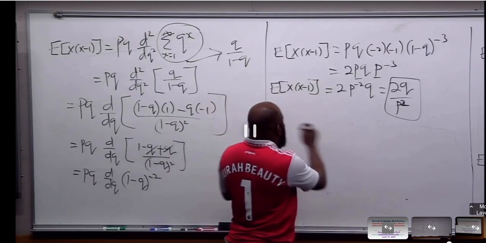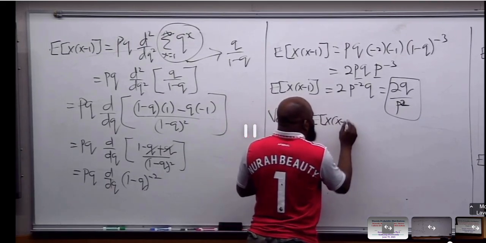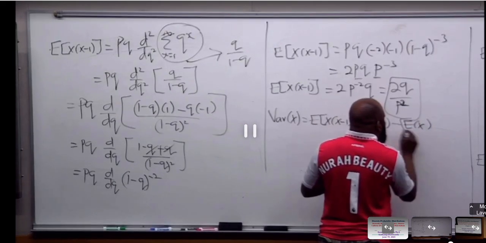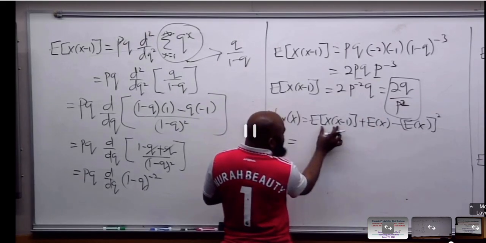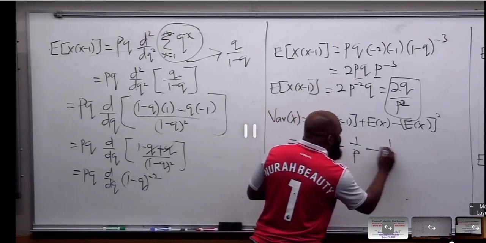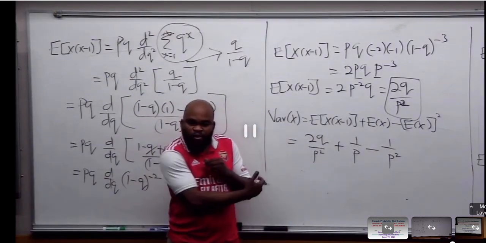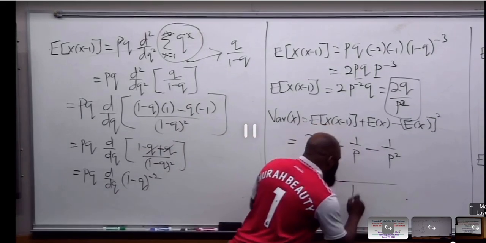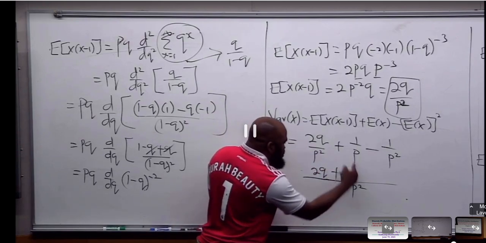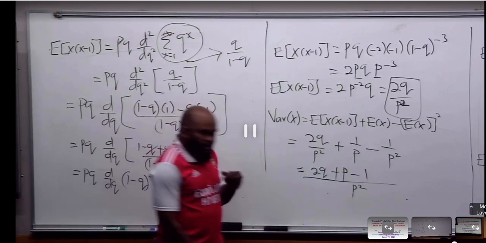Right? Now, finally, the variance of S, don't forget, is this. Right? So which is going to be this guy, 2Q over P squared plus 1 over P minus 1 over P squared. Now here, you are back at 5th grade work now. 5th grade, right? P squared, right? P squared, 2Q, P, right? 1, right? Look at that.